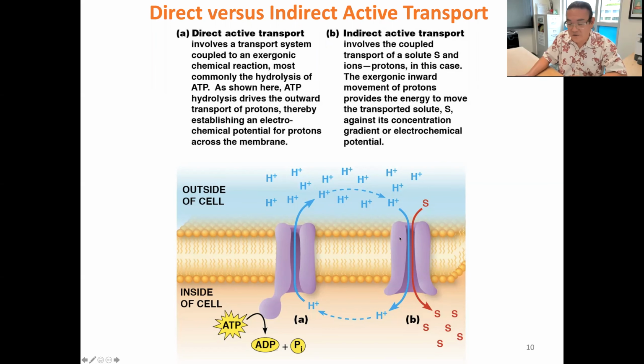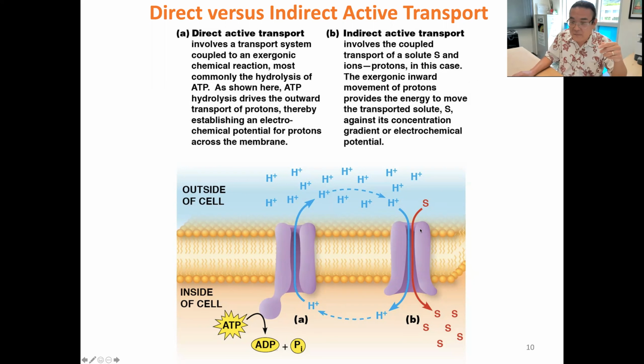And so this protein over here, it taps into it. It is the right shape to allow these protons to flow back into the cell, and as it does so, it uses that force to at the same time bind and move some other solute, S, against that solute's concentration. So in other words, you are building up a high concentration of solute inside. Now, this could be, for example, nutrients like we discussed.